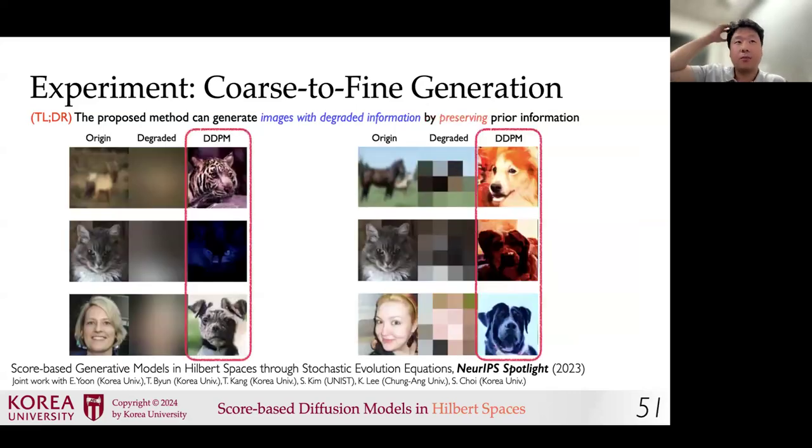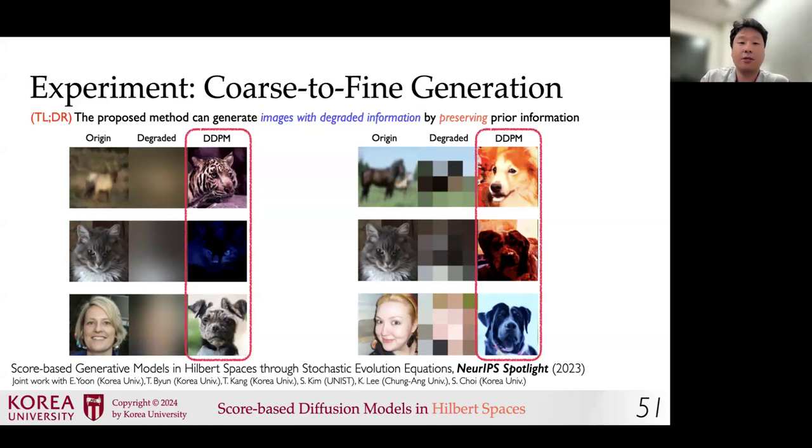I would like to mention that such generation is impossible for the original DDPM or the previous method introduced by Song using the score-based generative model in the finite-dimensional case. Starting from the degraded images, the DDPM generates samples that do not preserve the prior information, such as color or morphology from the original image.